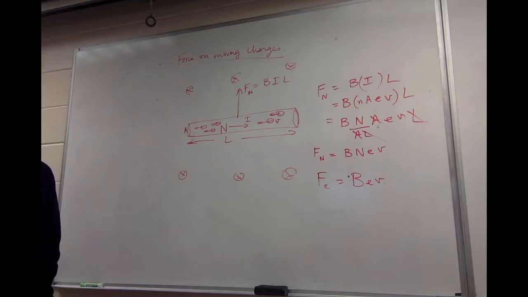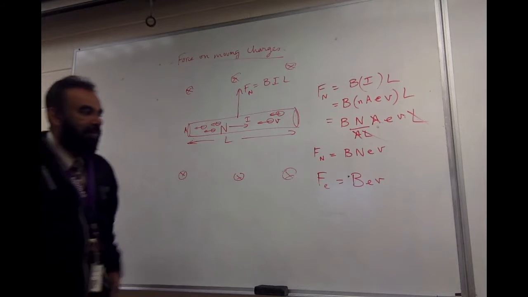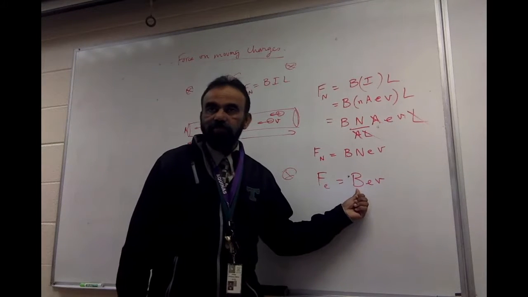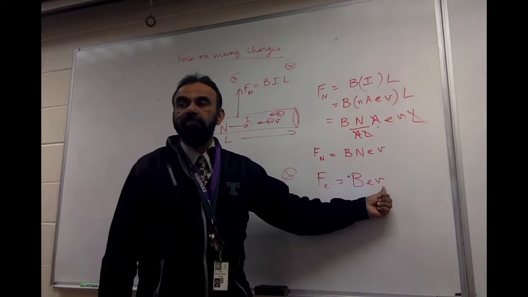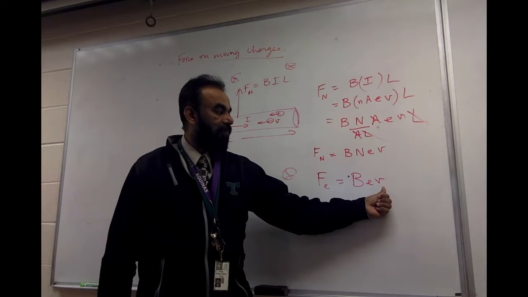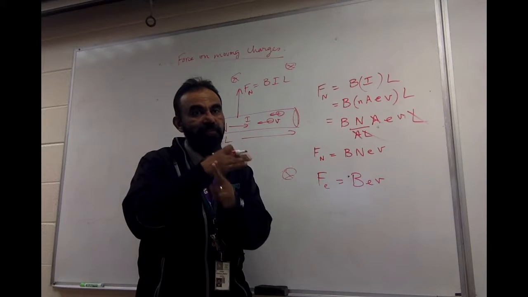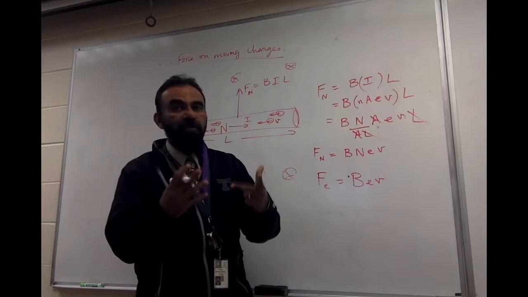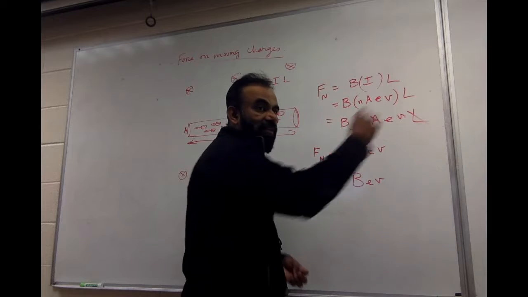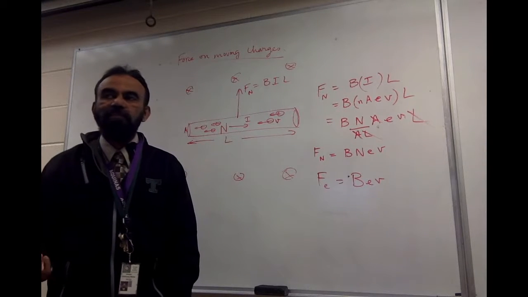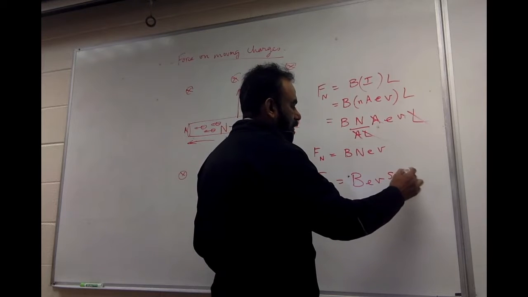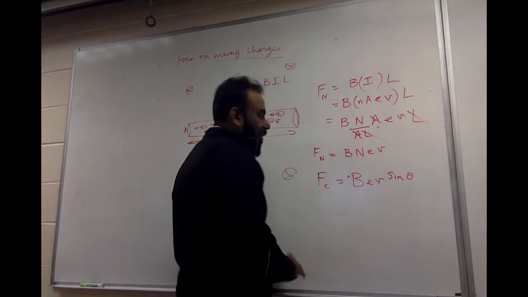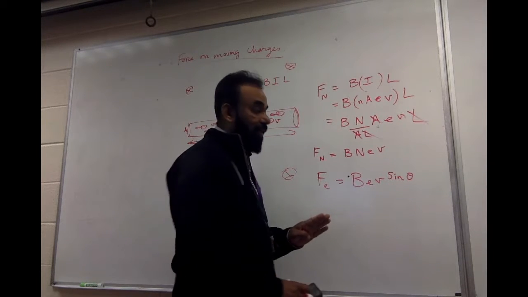The force on just one electron is going to be Bev, where B is the magnetic field that this electron is subjected to when it's moving at the speed of v, perpendicular to the magnetic field. If it is not perpendicular, then you have the sine theta sticking along with it, so this can come in if the angle is not 90.